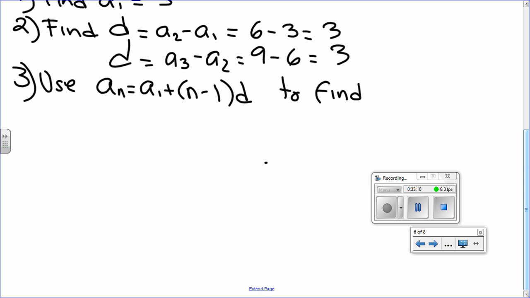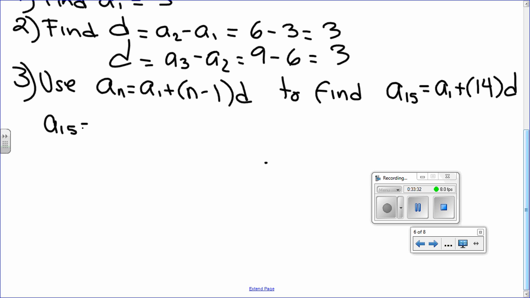The last one. Not the one before the last one, the last one. So the last one will be a sub 15. That's going to come from adding the first plus how many times the common difference? One less, Trisha? 14. So then just go ahead and find that.